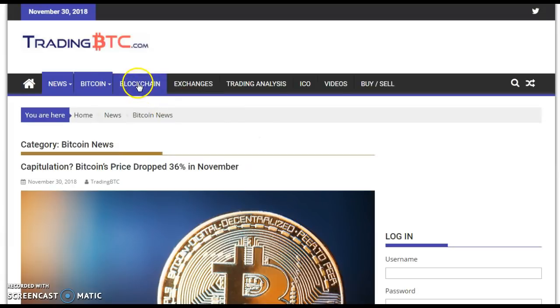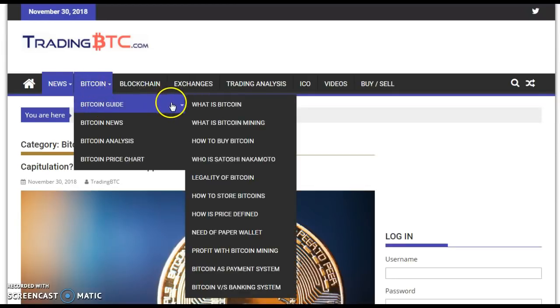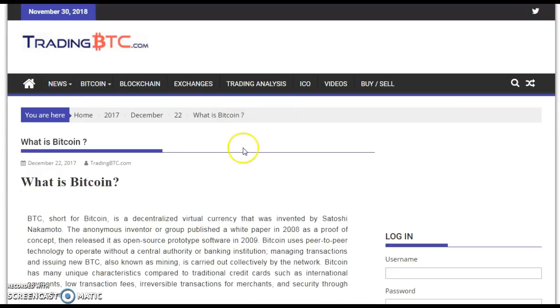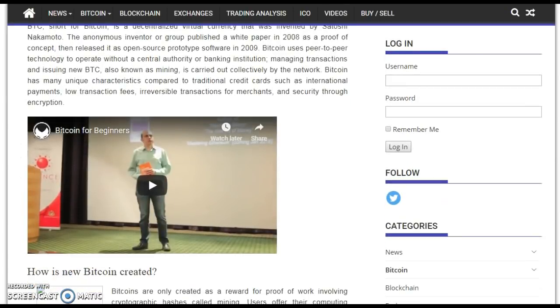If you wanted to learn more about Bitcoin itself, if you just put your mouse over the Bitcoin tab and then go over to Guide, you can select What is Bitcoin. And this will give you an explanation as to what Bitcoin is. It also shows a video of Bitcoin for beginners.